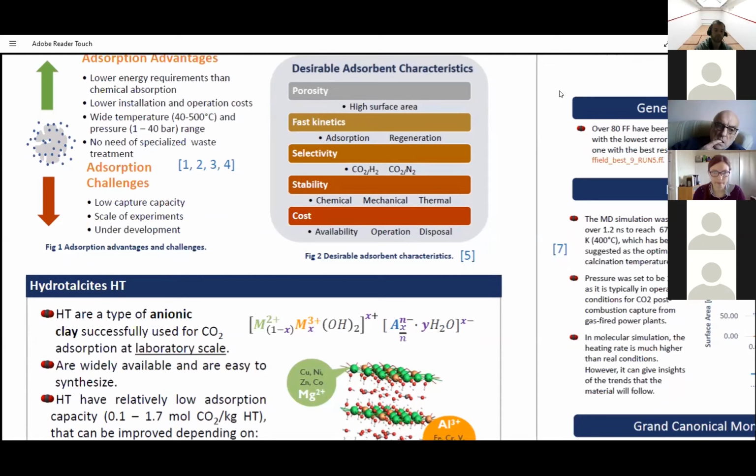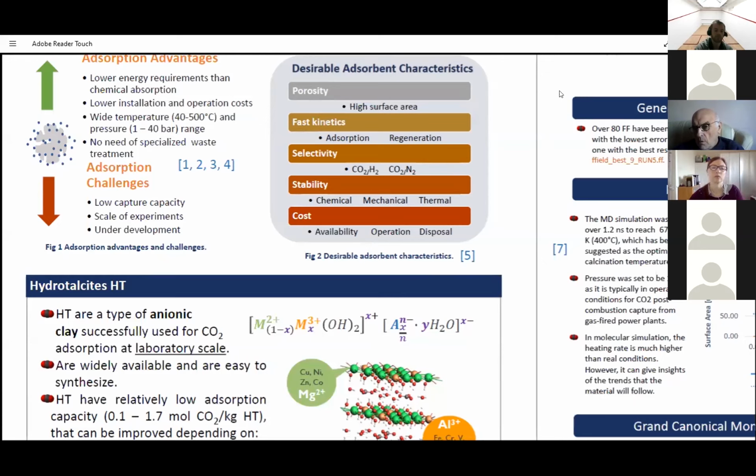The stability of an absorbent is quite important to do all these regeneration cycle studies. However, most of the research found has looked only at the absorption capacity at the first cycle, you could say, and at very small scale. So it's actually very hard to know how it will behave at a larger scale.